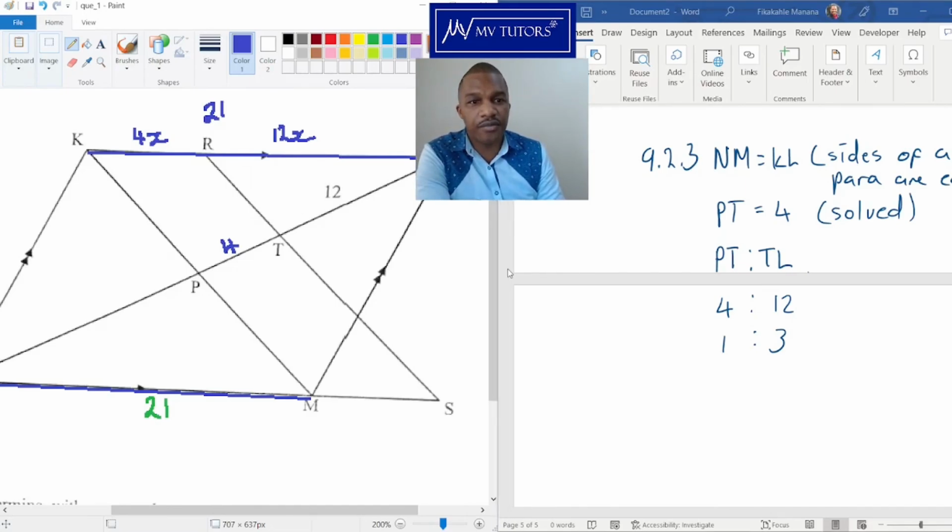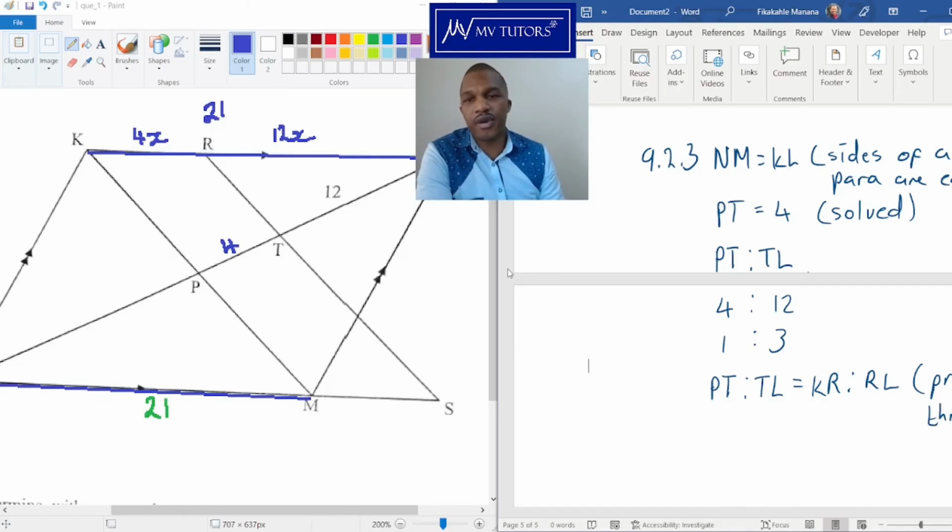I'm gonna say PT is to TL is equal to KR is to RL, and the reason is proportional theorem, since I have these parallel lines.